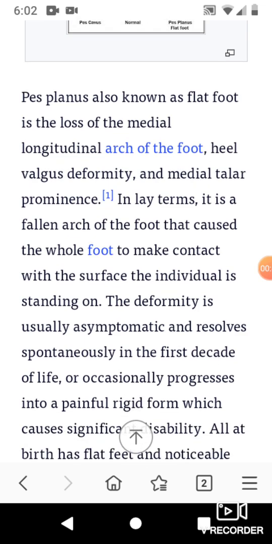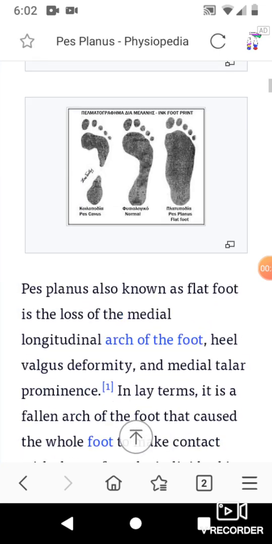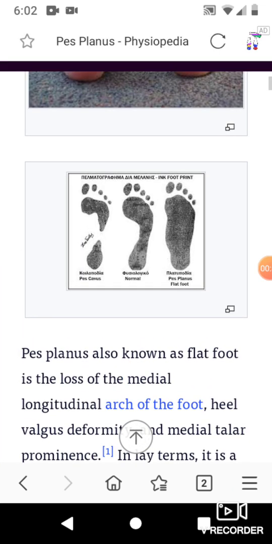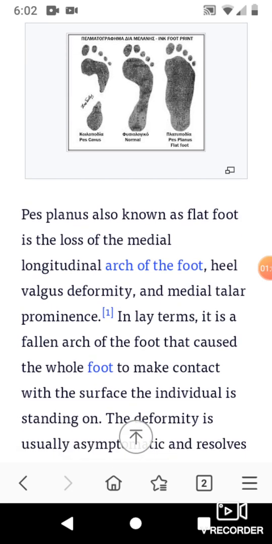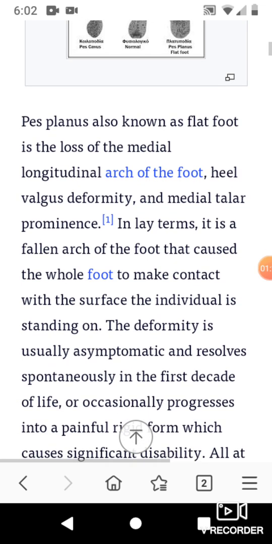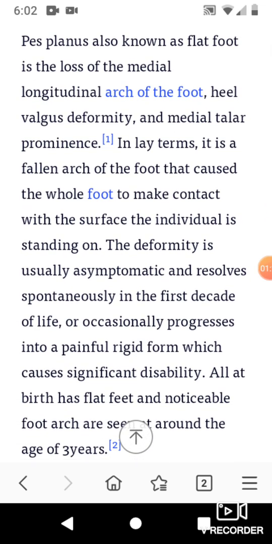So that's what happens in the flat foot. You can see in the middle image that the medial arch has been erased.